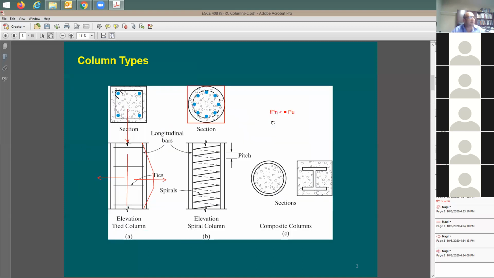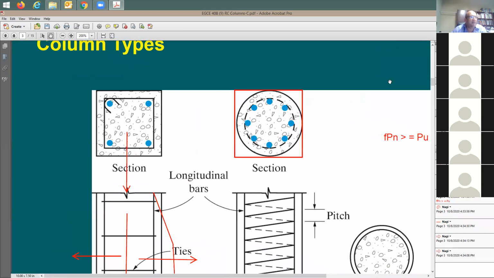Let me explain this a little bit. You see here the closure of the tie. If you apply very high vertical load, at a certain point this leg is going to start to open. Instead of coming this way, it's going to open like this, right? And then you're going to see that the tie here starts to open up.